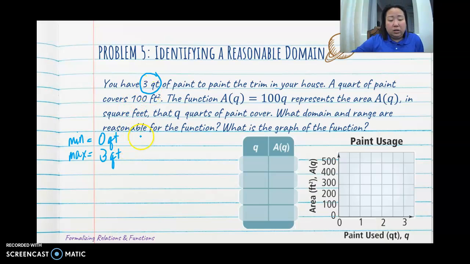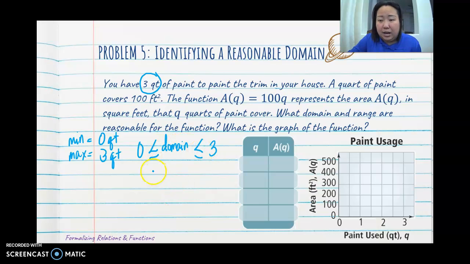Since the quarts of paint are our input variable here, we know that our domain will be greater than or equal to 0 and less than or equal to 3.